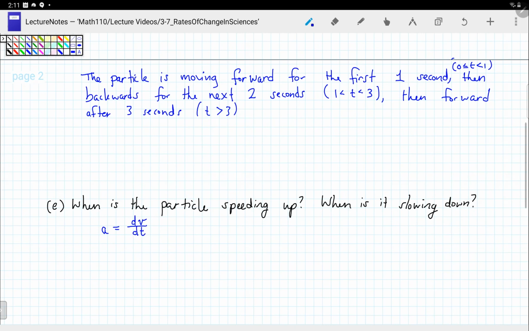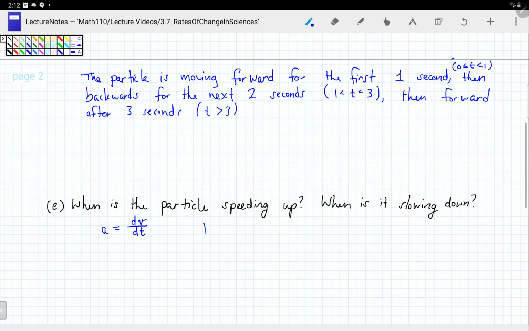So thinking about what acceleration means, think a minute about what positive acceleration means versus what negative acceleration means. I'm going to give some silence for this. So positive acceleration means that the velocity is changing to be more in the positive direction.